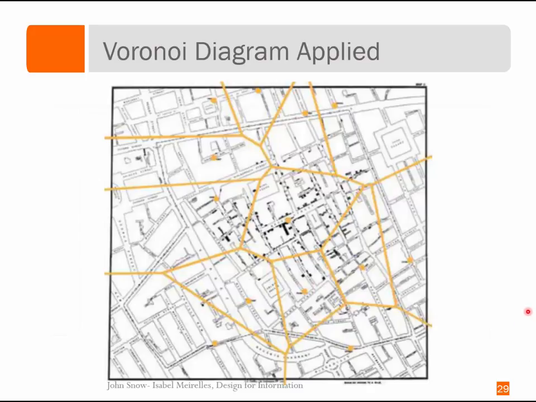So here we see the same map with the Voronoi diagram applied to it. We can see some of the separation there and see how this particular section or pane the map has drawn itself based on the data observations within the area.